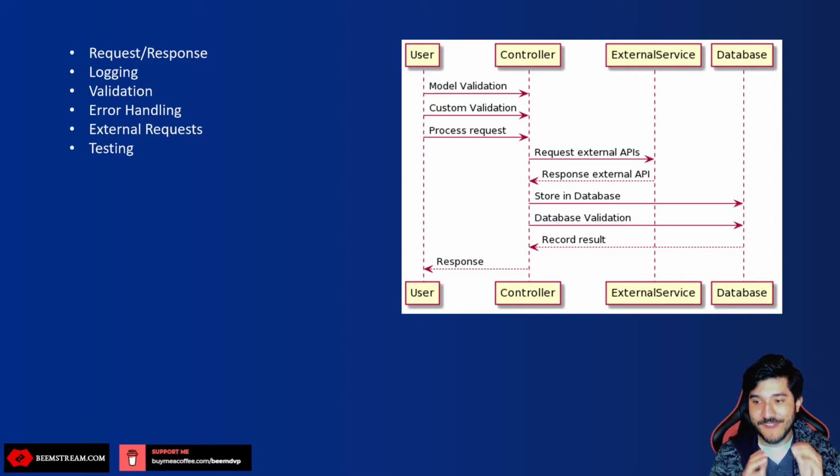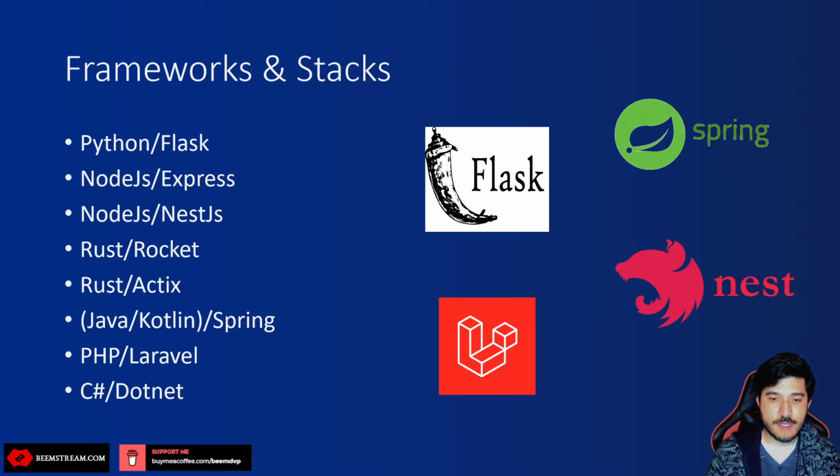So that is the information I want to give when it comes to REST API frameworks and libraries. Moving on, I want to go over the frameworks or stacks that I'll be learning as I go along.